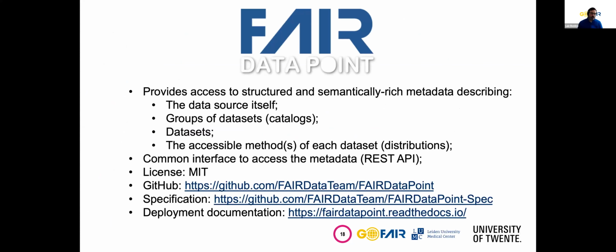So here we are saying that the metadata provided in the FAIR Point describes the data source itself, or whatever solution, repository, or application is providing the data, the groups of data sets, because you can provide metadata about a set of different things, metadata about the data sets themselves, and the accessible methods for each of the data sets.